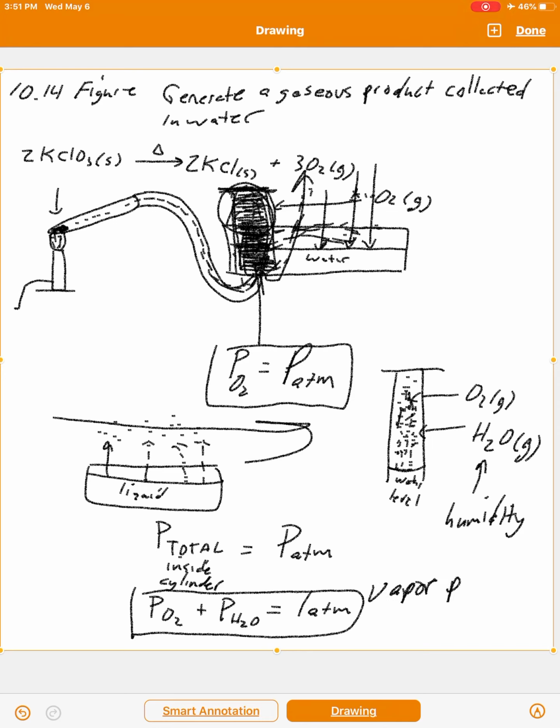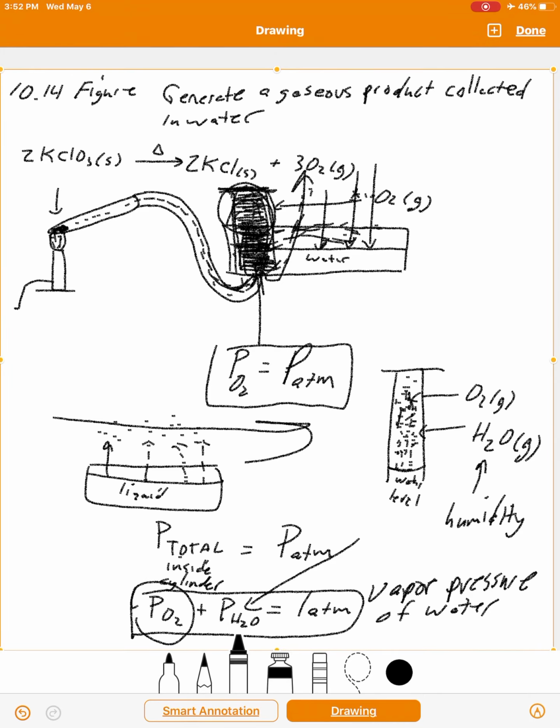If we are collecting a gas in a container and the collection of that gas involves water, meaning that we're displacing the water from the cylinder in order to collect the gas, we have to take the vapor pressure of the water into account if we want to know what the pressure of the gas that we're collecting is.